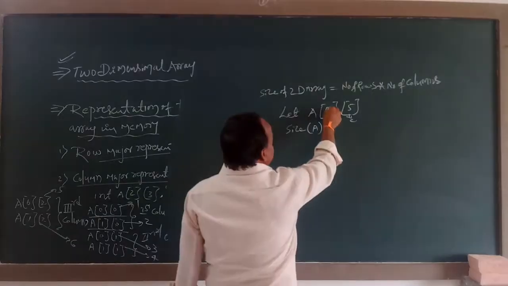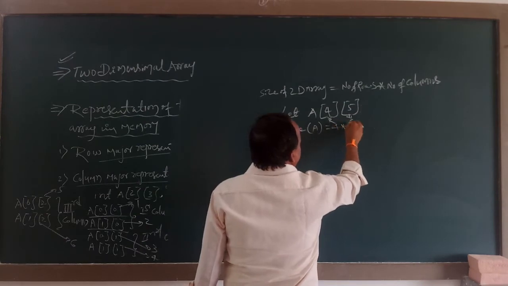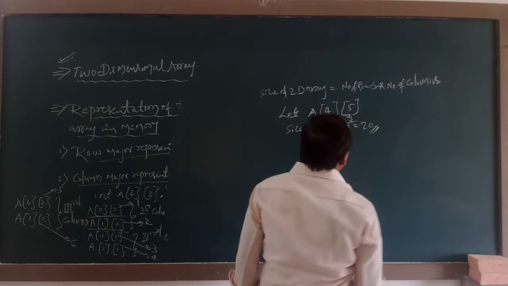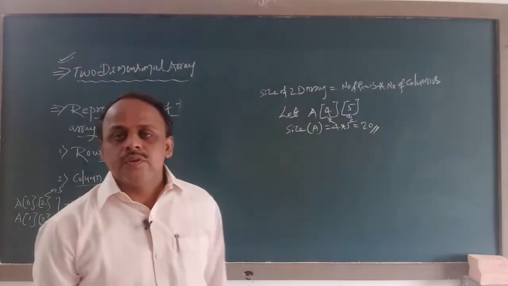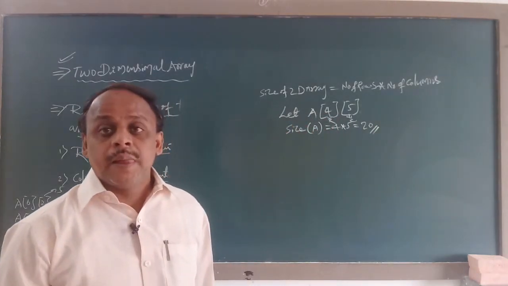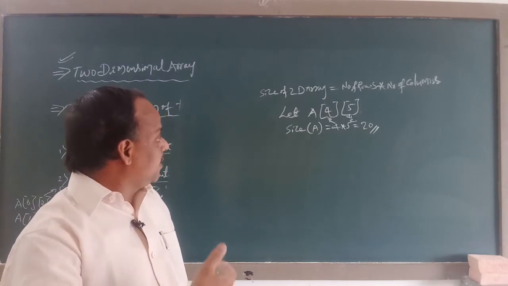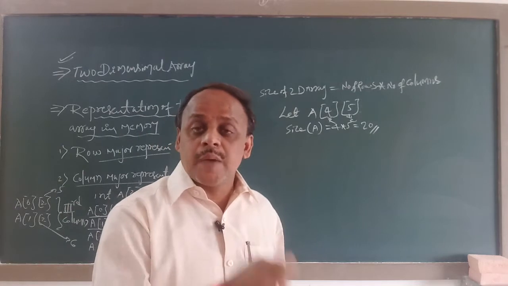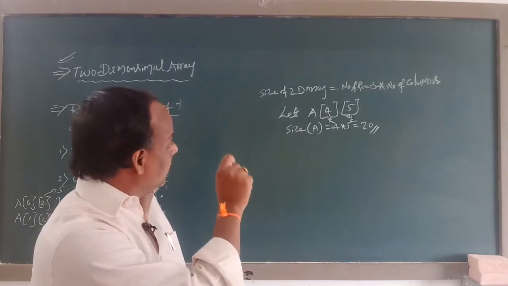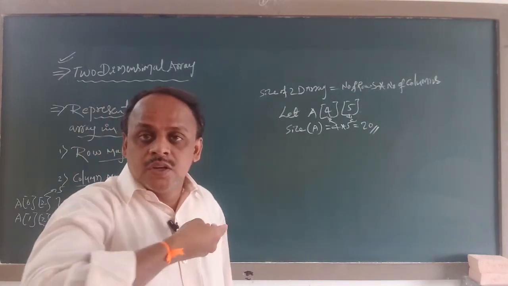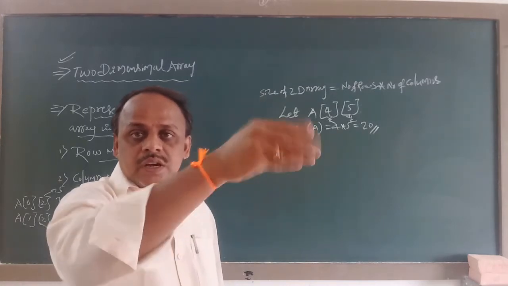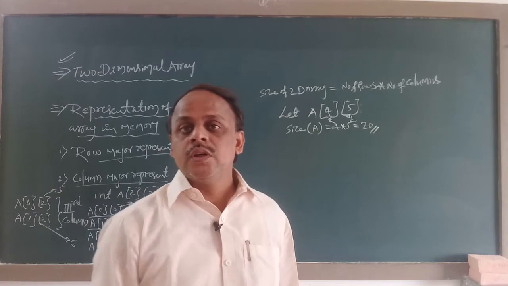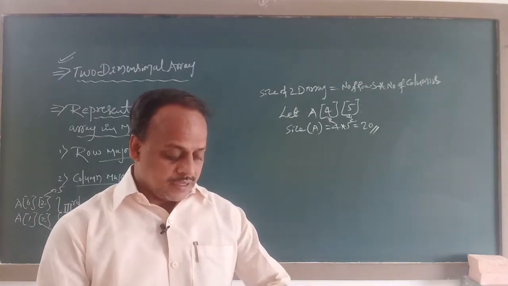That is 4 into 5 is equal to 20. 20 is the size of the two-dimensional array. Means 4 rows, 5 columns, this two-dimensional array has the capacity to store 20 elements in it, right?